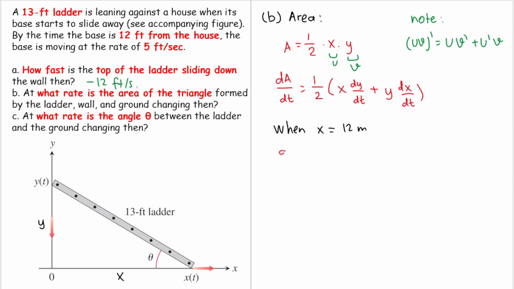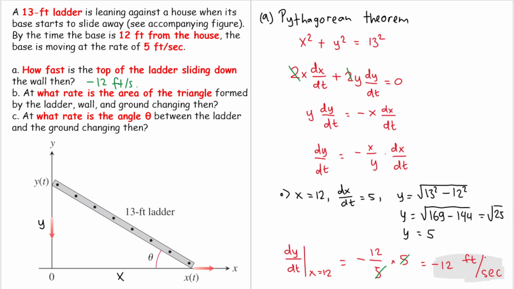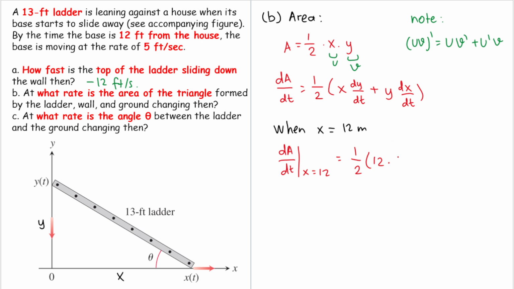So we will have dA/dt when x is equal to 12. Let's plug that in. I will have 1/2, and x is 12. But then what is dy/dt? We already calculated that in problem A. Minus 12 feet per second. So we will have minus 12 here.